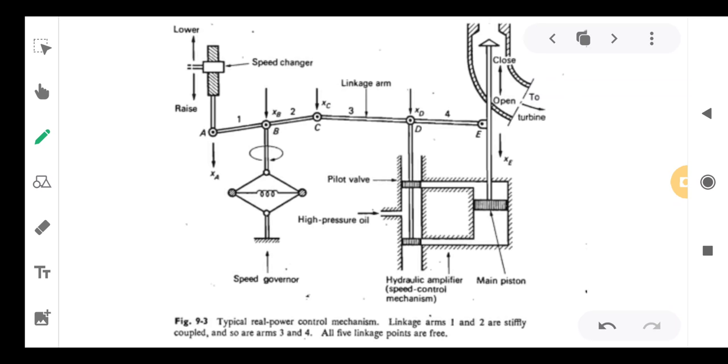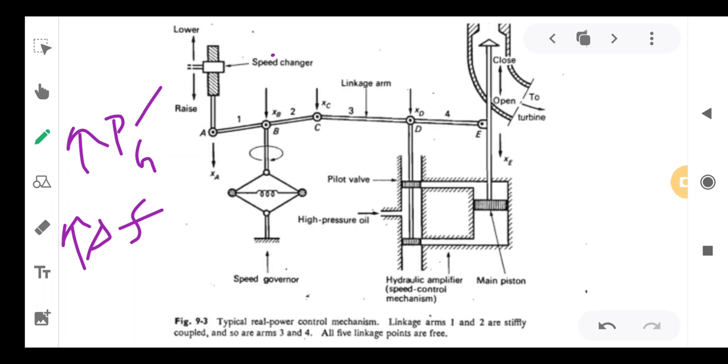Rise and lower commands: the rise command gives an increase in Pg, and the lower command vice versa. Similarly, the outward movement of the balls, when delta F increases, leads to delta Pg decreasing. This is the second point.